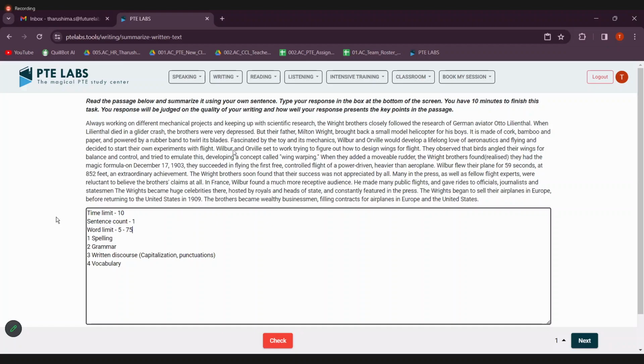Just one sentence is really hard because you have to summarize the whole passage. I think there are nearly 100 or 200 words. Then you have to summarize it down to one sentence which doesn't exceed 75 words. And then again, you have to think about your spelling, grammar, written discourse, and vocabulary.